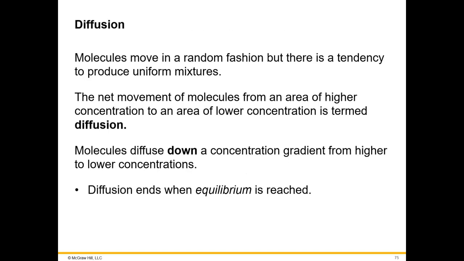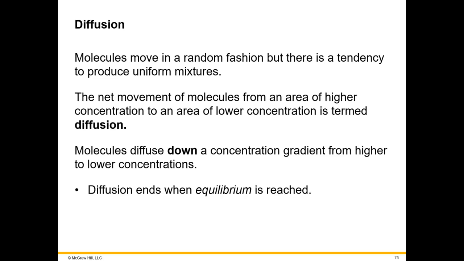When we talk about diffusion, this is when molecules move in a random fashion, but there is a tendency to produce uniform mixtures. So the net movement of molecules from an area of higher concentration to an area of lower concentration, that's what we're talking about with diffusion. And these molecules will diffuse down a concentration gradient from higher to lower concentrations.